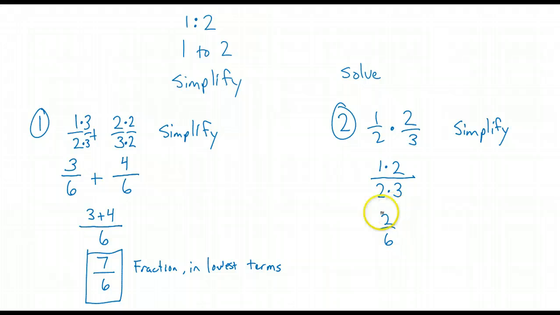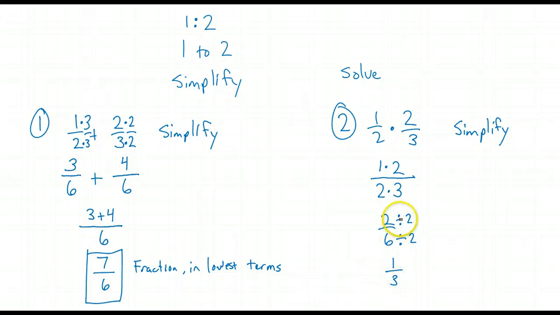Now this is a case where I do need to simplify 2/6. 2 and 6 are both even, so I can divide both my numerator and my denominator by 2. 2 divided by 2 is 1. 6 divided by 2 is 3.